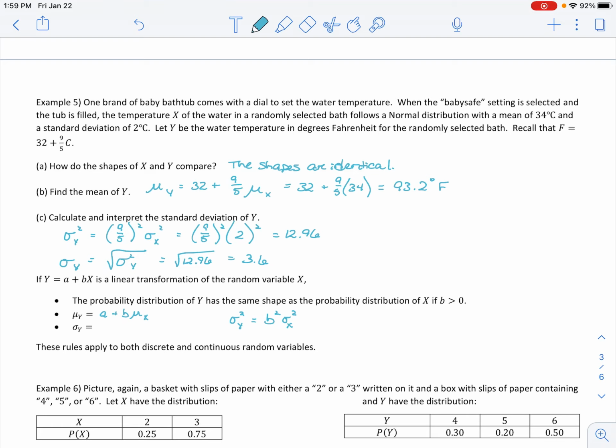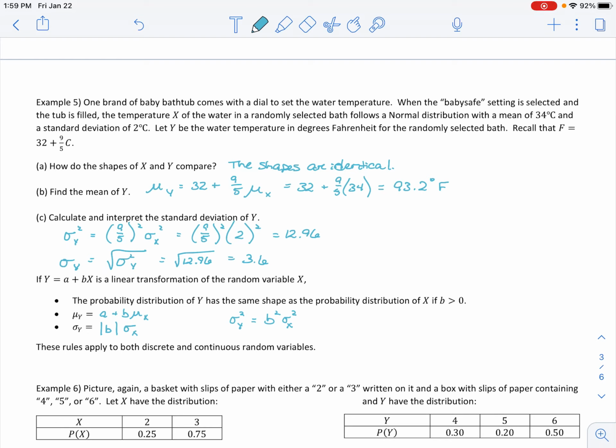And my standard deviation, you know what, I think I just said you can't just multiply by B. You can just multiply by B is what I should have said. Because if I would square root this to find my standard deviation, you are allowed to just square root each of those terms because it's a product underneath my radical. So I misspoke earlier.